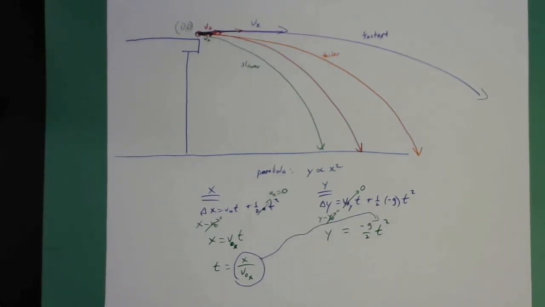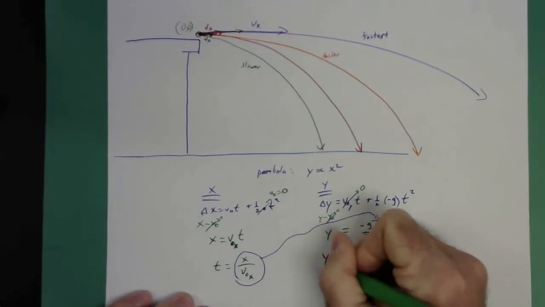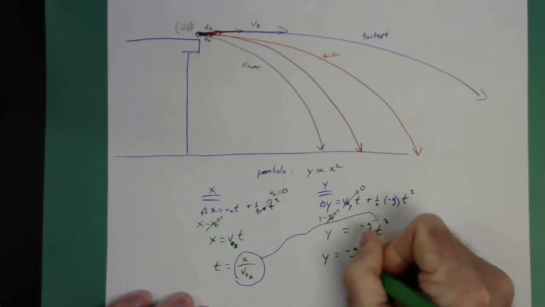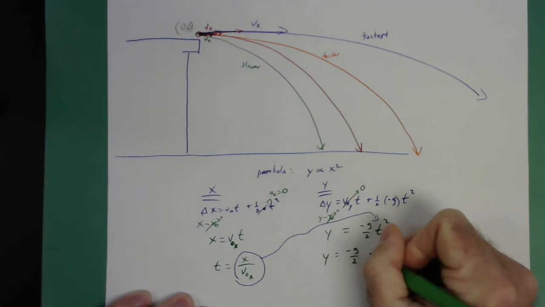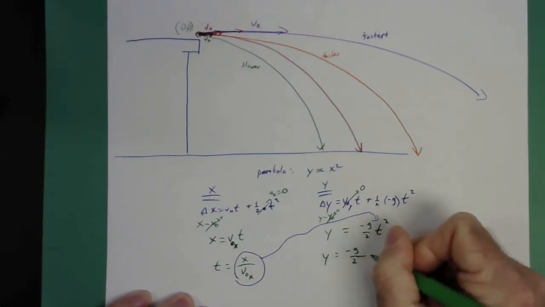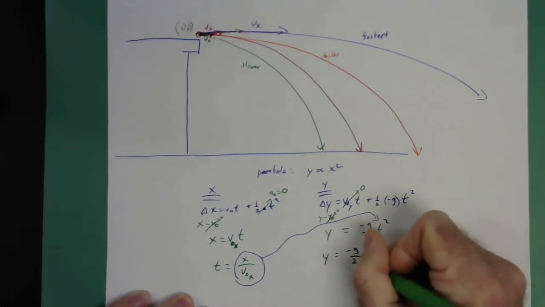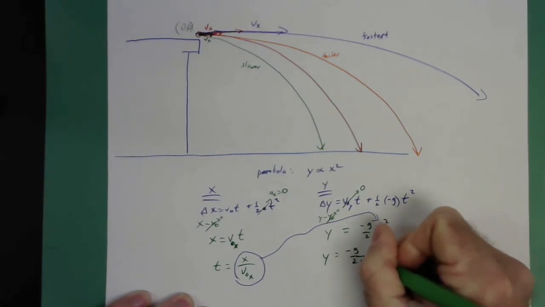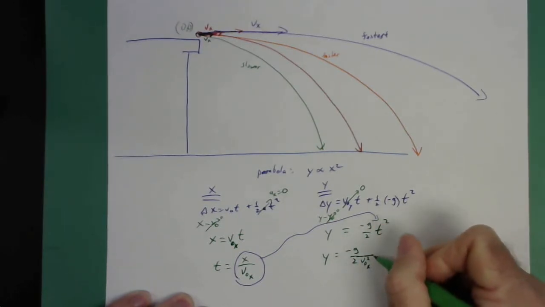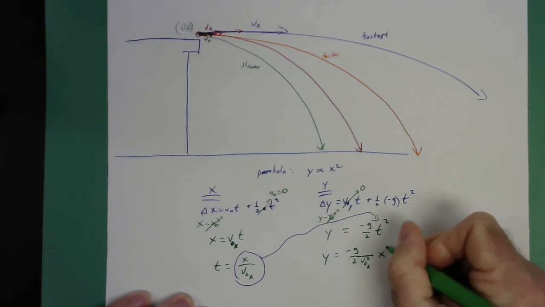If I do that, then I'm going to get y is negative g over 2, and then I'll have that v naught x squared in the denominator, and then I'll have x squared.